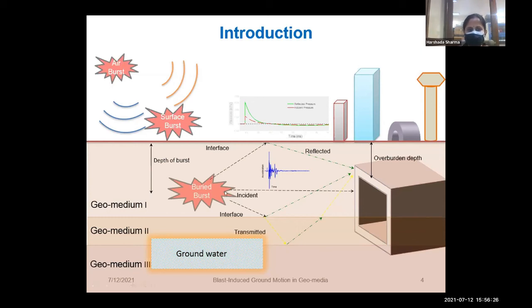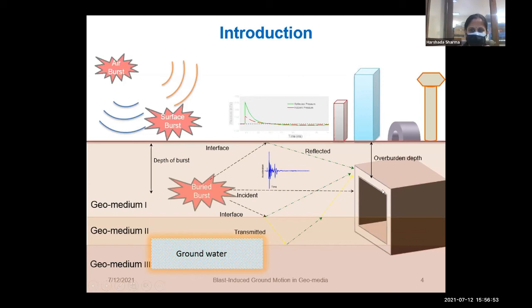These buried blasts, or the shock wave which is generated due to this buried blast, depend mainly upon the depth of the burst and the geomedium in which it is going to travel. Also on the weight of the explosive and the radial distance at which the output parameters are to be measured in terms of velocity, acceleration, displacement, or frequency.